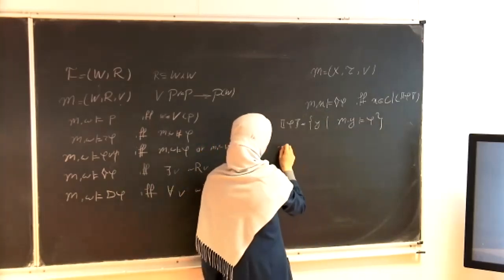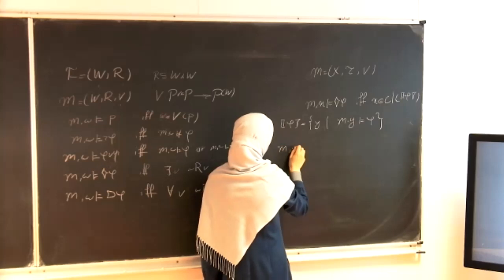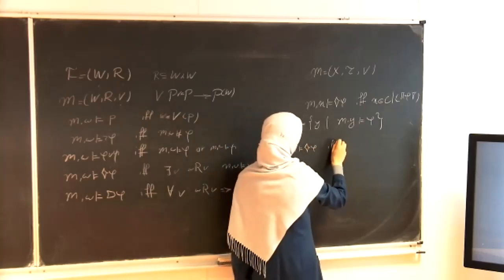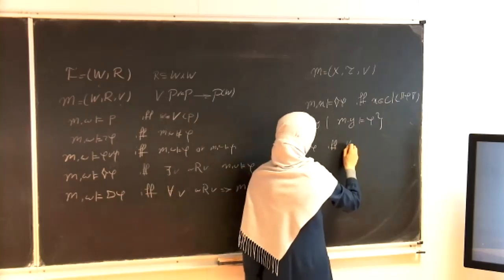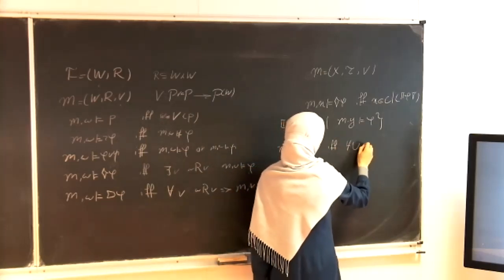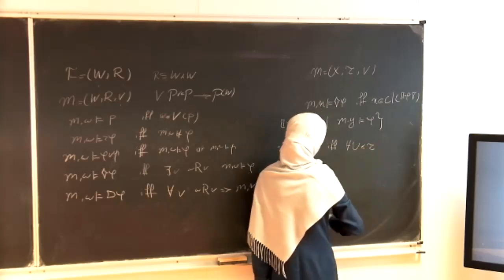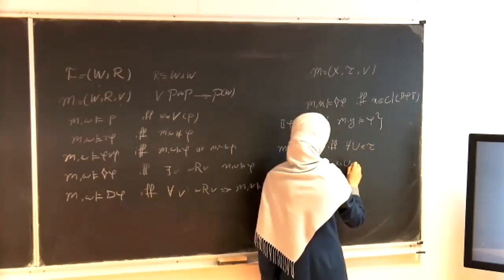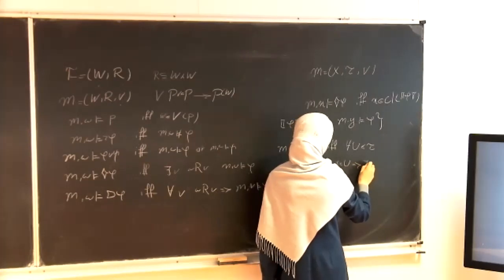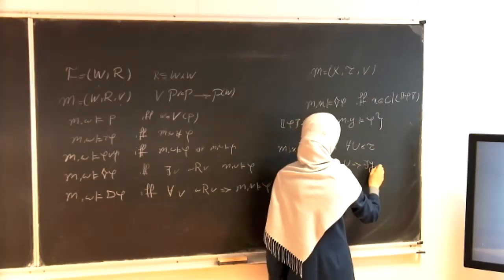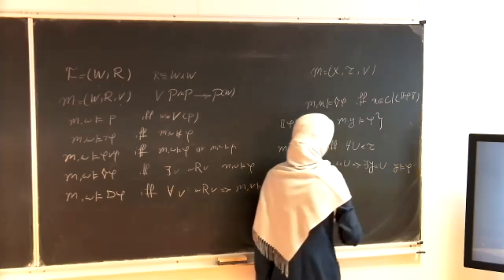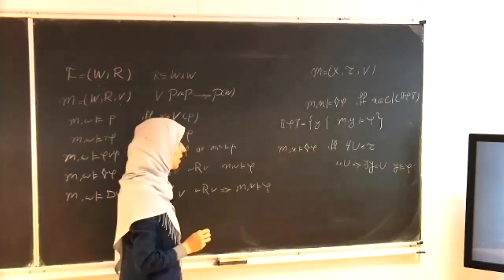Equivalently, diamond phi is true in x if and only if for any open set u in tau, if x is in u, then there exists some point y in u such that phi is true in y.